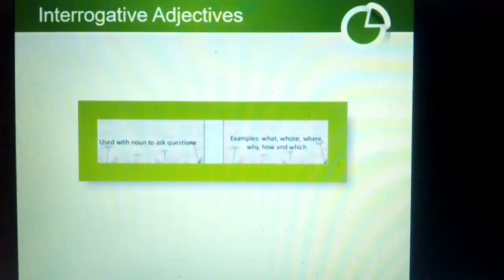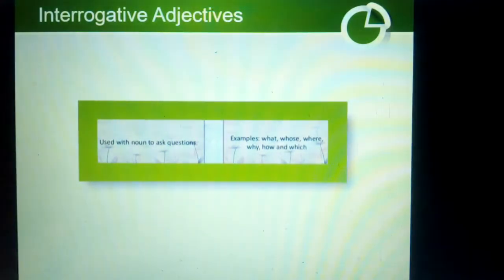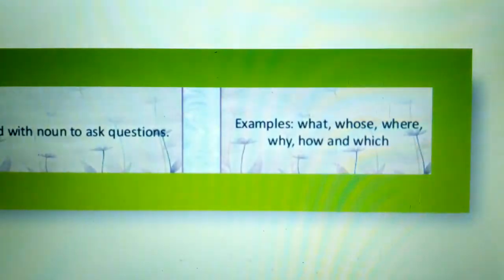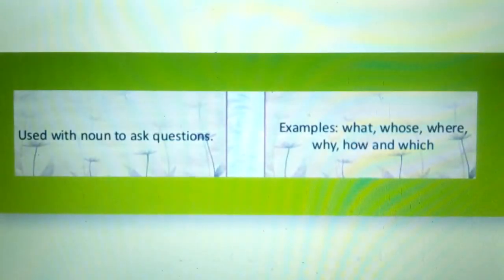Now the next type is interrogative adjectives. They are used with noun to ask questions. For example, what, whose, where, why, how, and which.